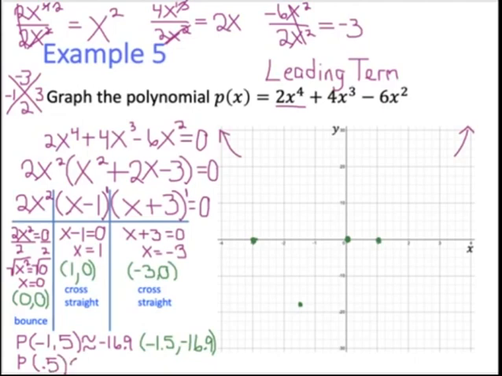So P of 0.5 is approximately -0.9. So we have the test point here, 0.5, -0.9.